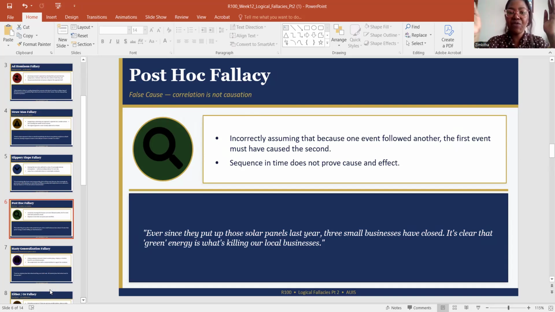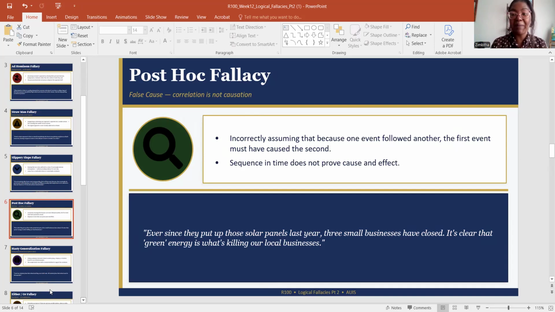It's saying that there's some form of a correlation. If I do this, then this has to happen. For example, ever since they put up these solar panels last year, three small businesses have closed. It's clear that green energy is what's killing our local businesses. So it's saying that putting up these solar panels has caused smaller businesses to go out of business.